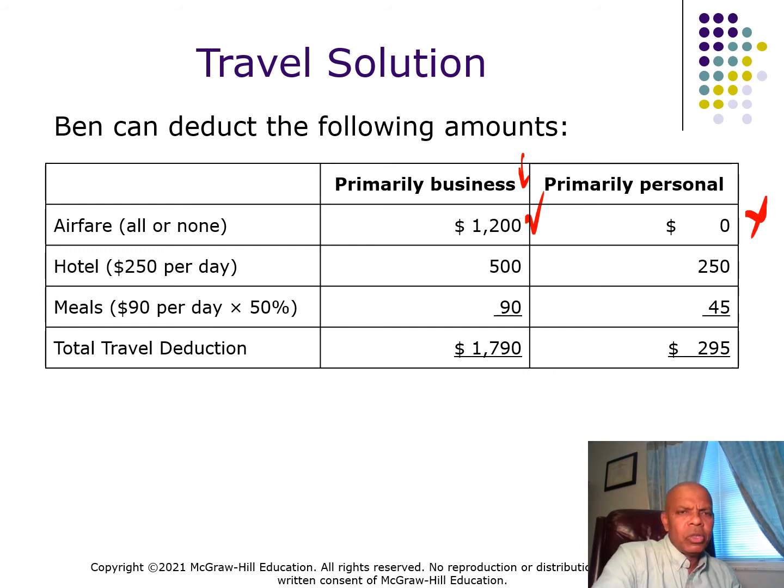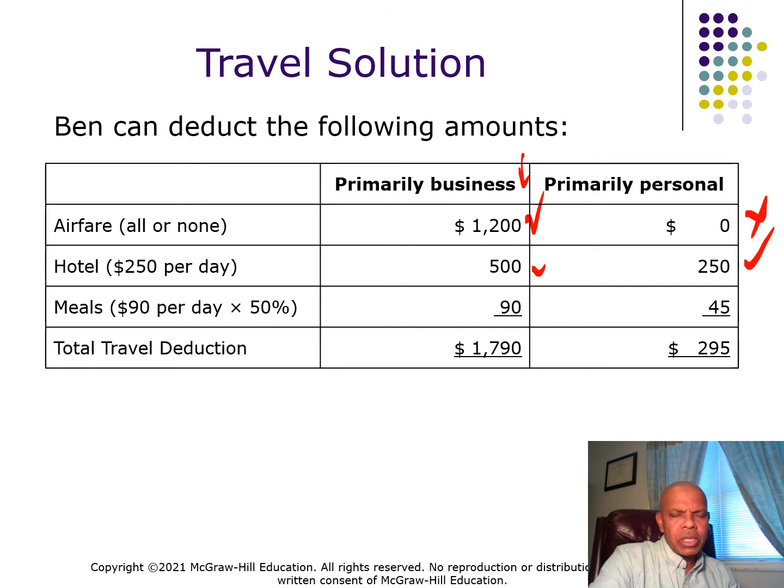You can see the hotel is $250 per day. For 2 days you get $500. For primarily personal, you're only allowed $250, because he attended the meeting on only one day, right? So just $250. And here again for meals, as I said, 50% is deductible regardless.